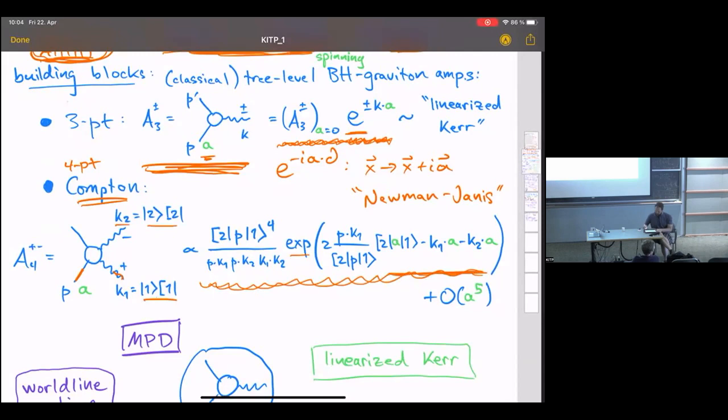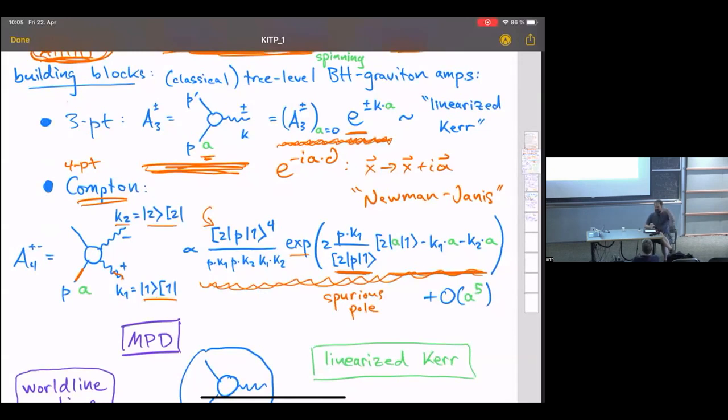If you expand the exponential to 4th order in a, and go up to 5th order, you'll have 5 powers of this downstairs. It will cancel these 4 powers of that same object right there, and you have the so-called spurious pole.